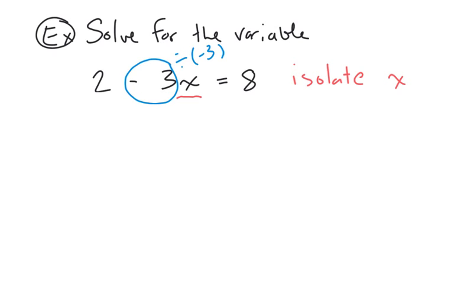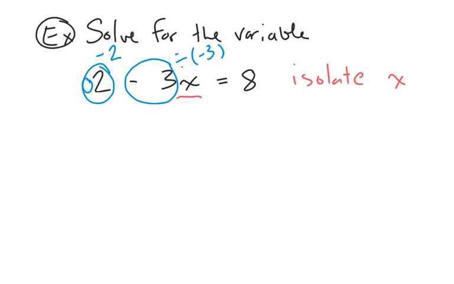The opposite of positive 2 is negative 2. In other words, subtract by 2. Again, there is no positive sign written in front of the 2. However, it is actually there.